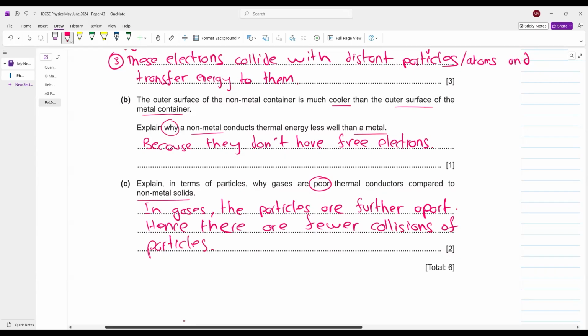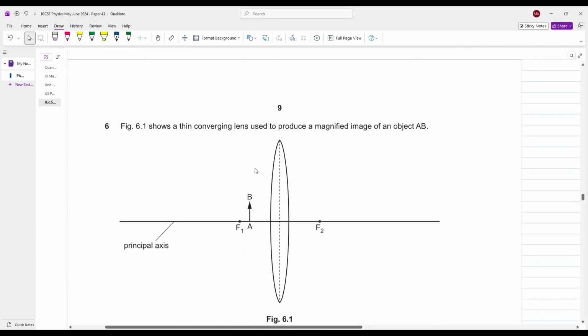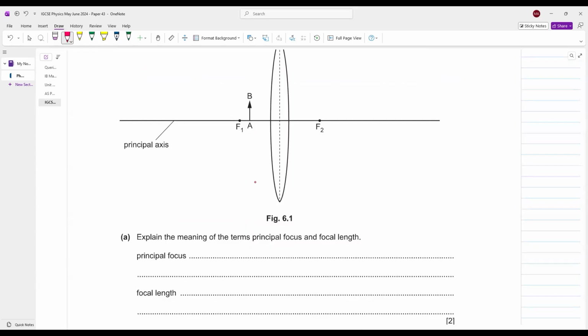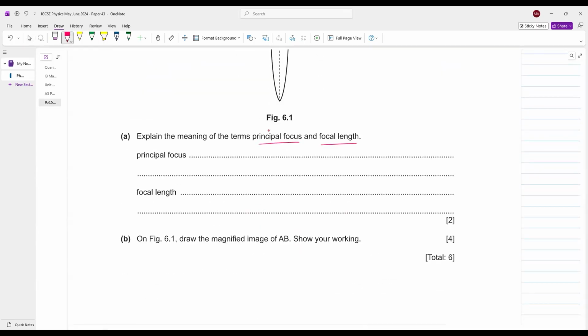Figure 6.1 shows a thin converging lens used to produce a magnified image of an object AB. Explain the meaning of the terms principal focus and focal length. What will you say?